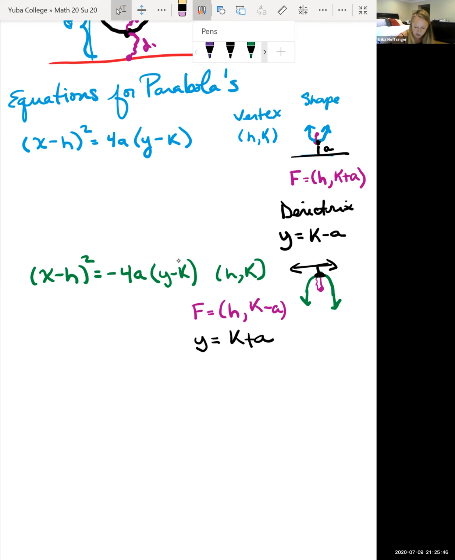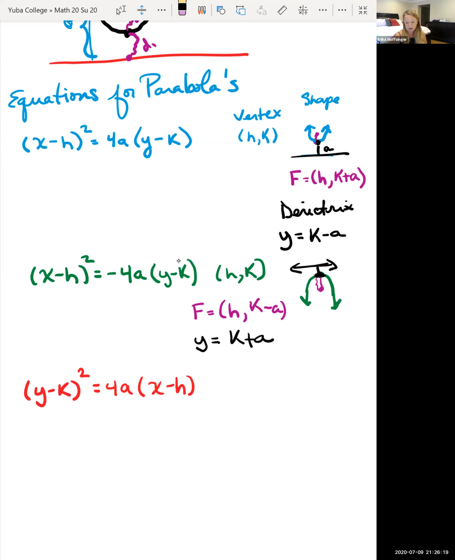Okay, let's change it up where we're having sideways parabolas. And so sideways parabolas are in the form, instead of your x value quantity squared, you have a y value squared, and your x is not. So we can put one in the form so we can see what it looks like: y minus k quantity squared is equal to 4a all times x minus h. So the vertex, be careful here, it's still hk, but notice that the h is with the x values, not with a square.